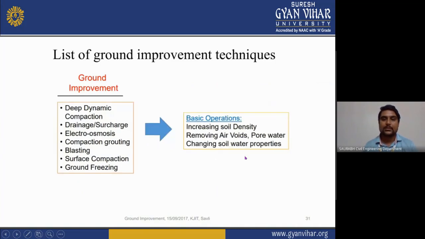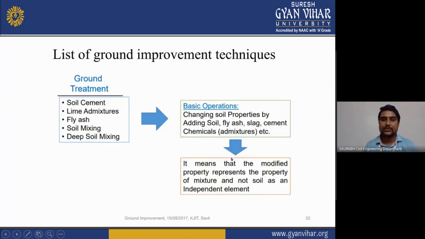Now we will see the list of ground improvement techniques. Ground improvement can be done by deep dynamic compaction, drainage, surcharge, electro-osmosis, compaction grouting, blasting, surface compaction, and ground freezing. As you can see, it can increase the soil density by the removal of air voids or water, changing the soil water properties.